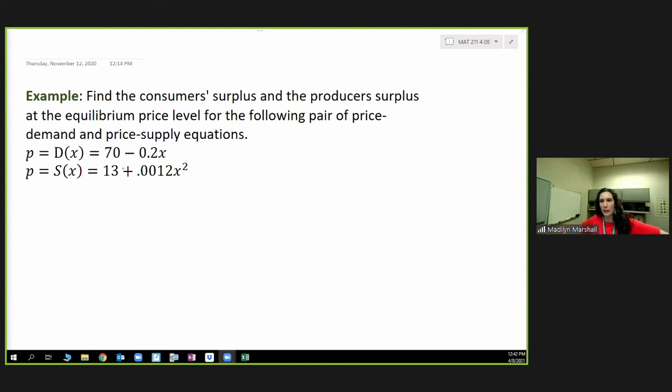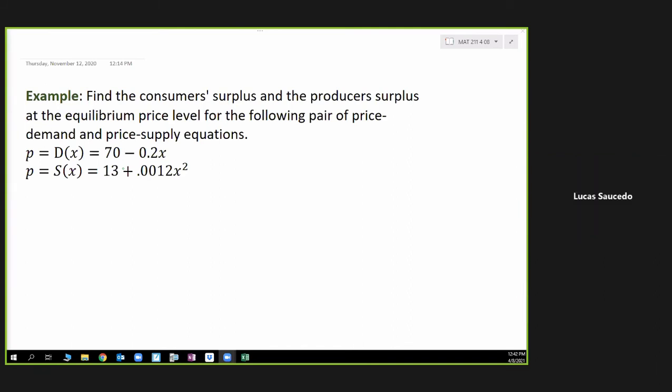What does equilibrium price level mean conceptually? When consumer surplus and producer surplus are the same? Almost.